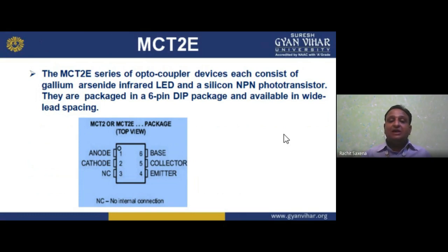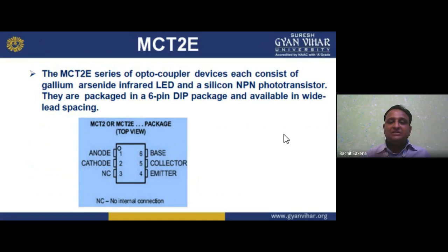Each consists of a gallium arsenide infrared LED, for the light emitting, and a silicon NPN phototransistor.